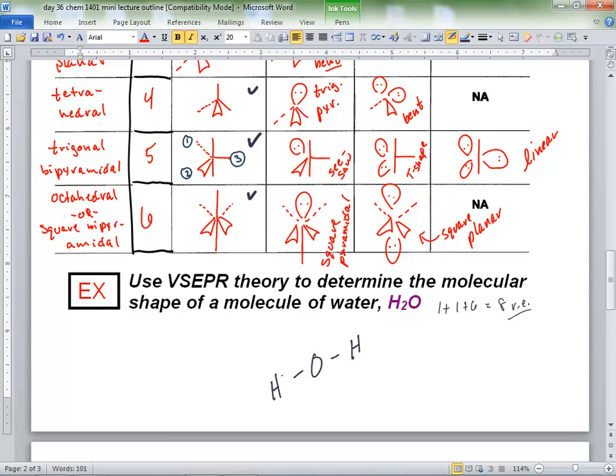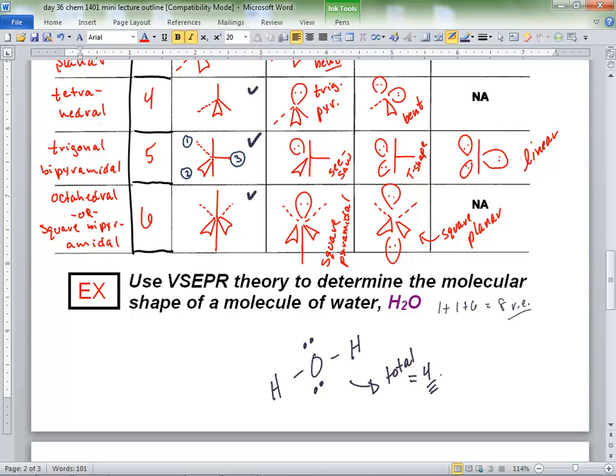So I need 2, 4, 6, 8. So my total number of things surrounding that center atom, the oxygen, is 1, 2, 3, 4, right? 2 atoms and 2 lone pairs. My total is 4.